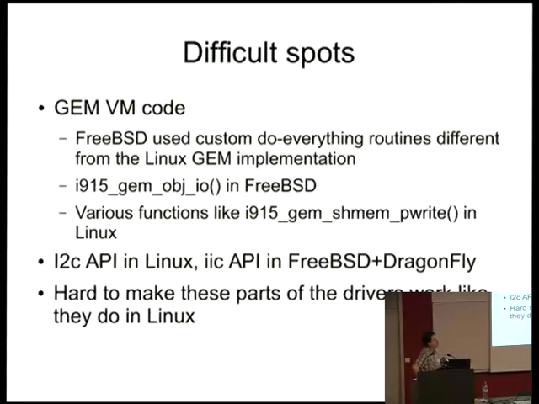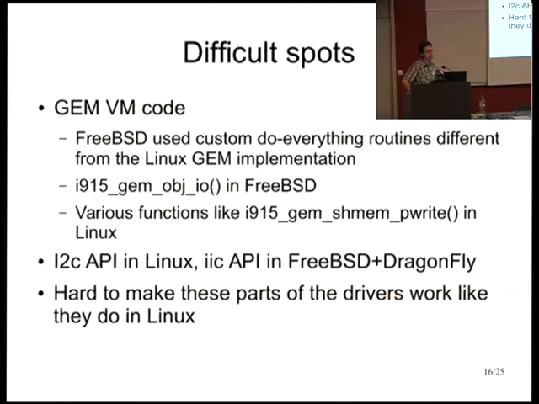There are still a few difficult spots, and in particular, the GEM code in the i915 driver is nothing at all like the Linux code. Well, it was taken from the FreeBSD original driver from 2012, so we have many big functions doing things differently than in Linux.